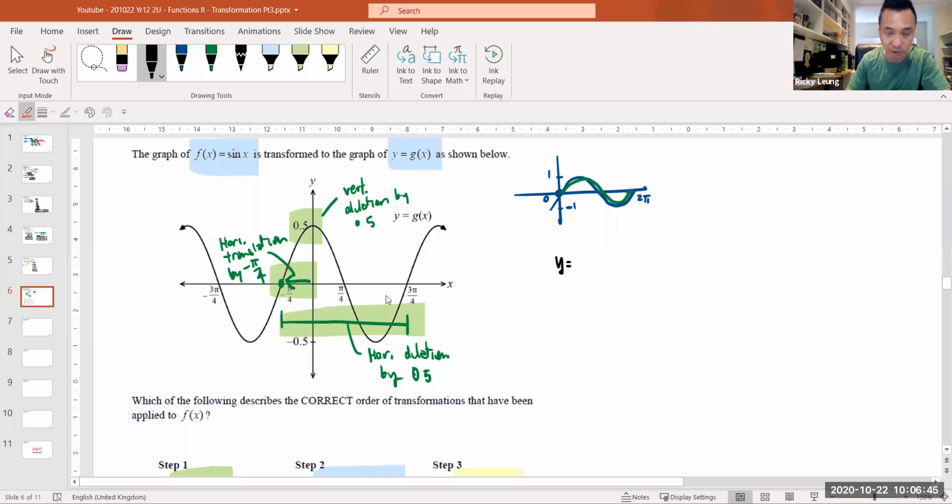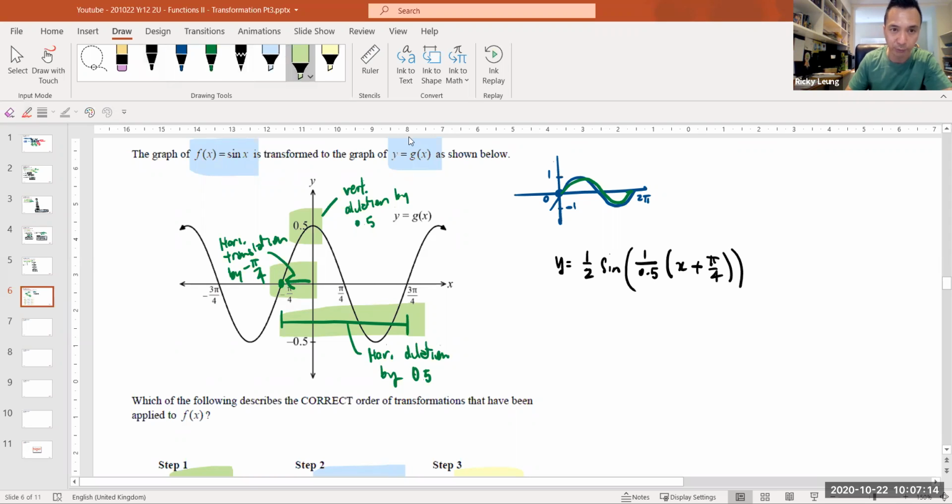If it was sine x to begin with, I would put down the 1/2 to vertically dilate, and then sine. Sorry, I'll put down another: 1 divided by 0.5 to horizontally dilate, and then to shift it, I'll go bracket x minus, or plus in this case, pi on 4 to horizontally translate.